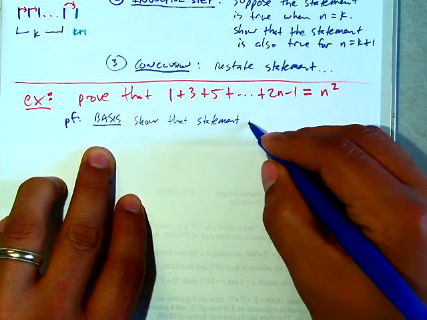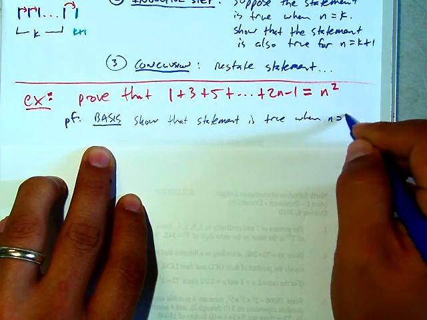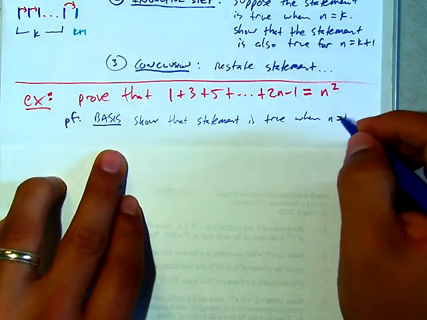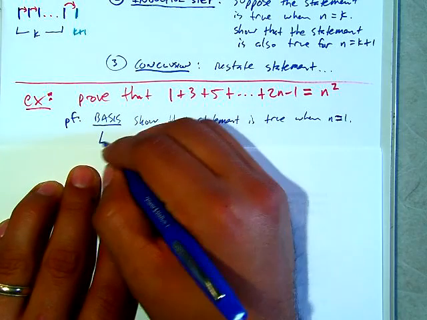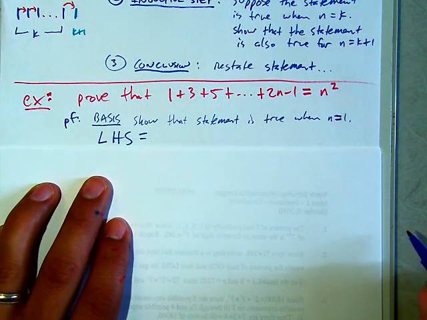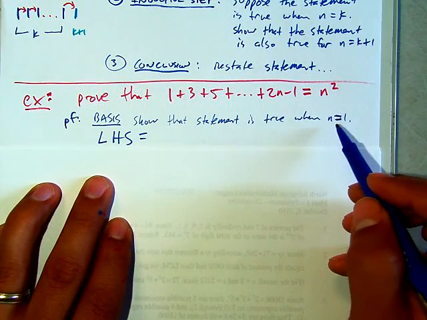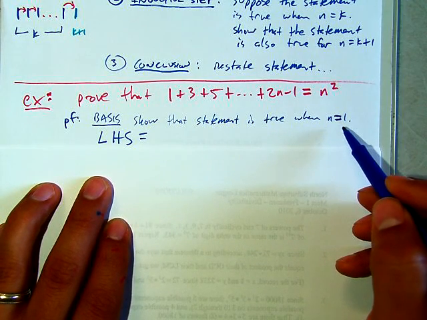That the statement is true when n equals 1. Okay, so now I'm going to utilize the abbreviation left-hand side, LHS. If I'm simply doing the first odd and finding the sum of the first odd, what would that sum be?